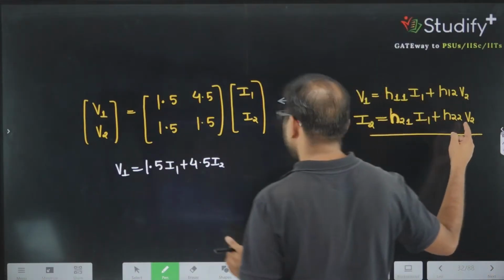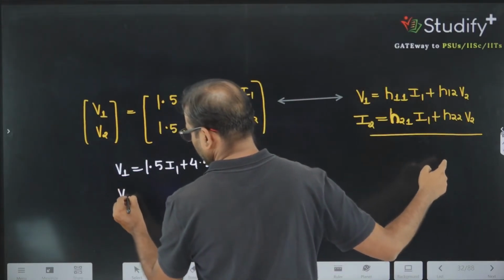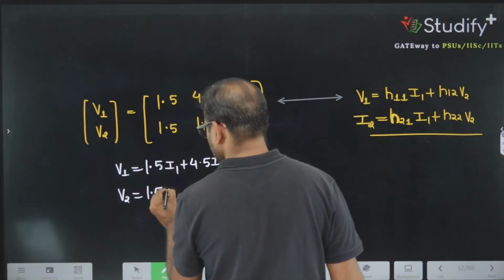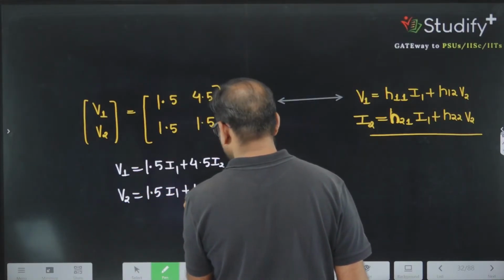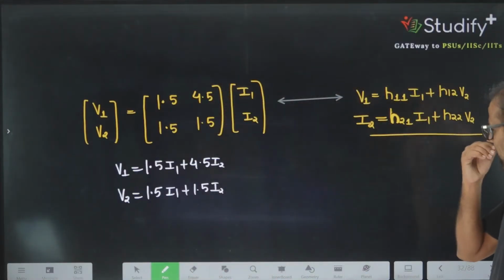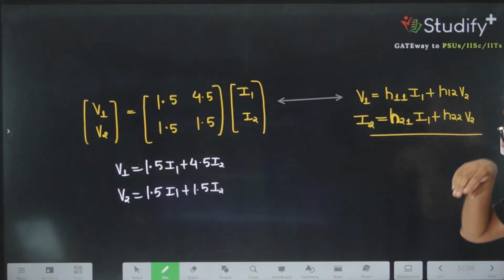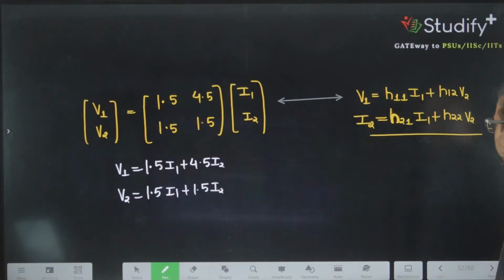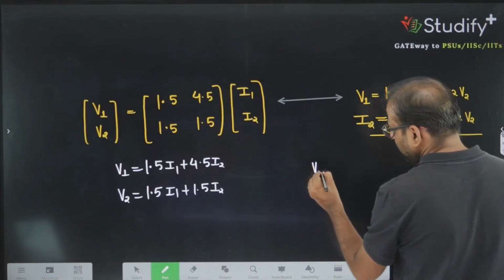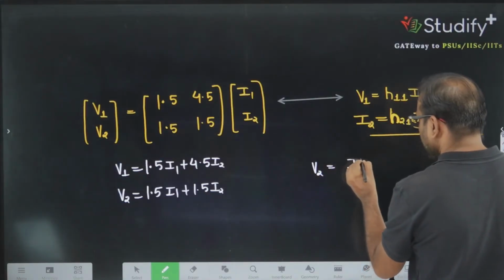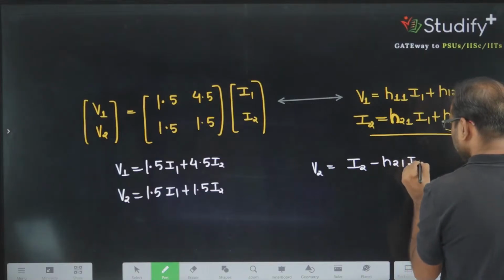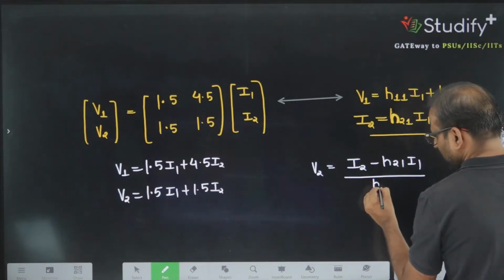V2 is 1.5 I1 plus 1.5 I2. From this equation, we want the H parameter. So how can we write the H parameter? We can say V2 can be represented for the same network. V2 can be represented by I2 minus H21 I1 divided by H22.